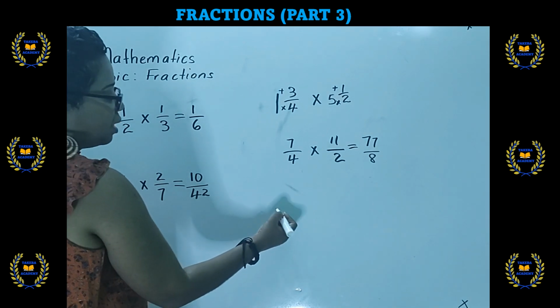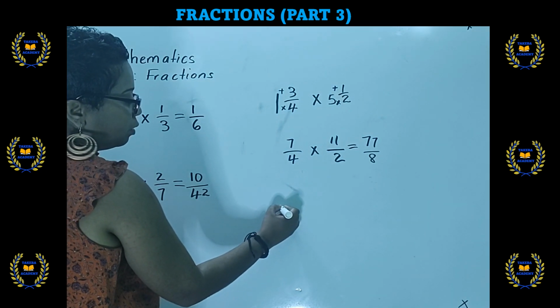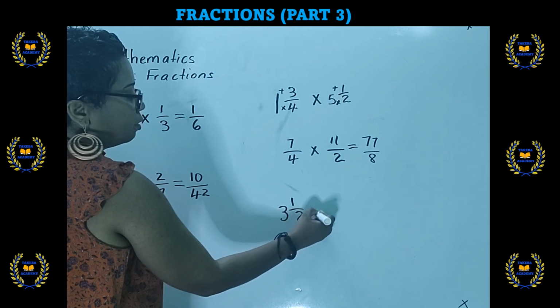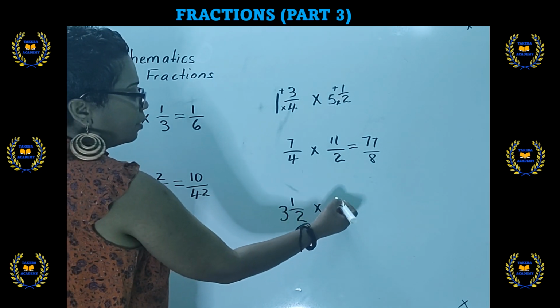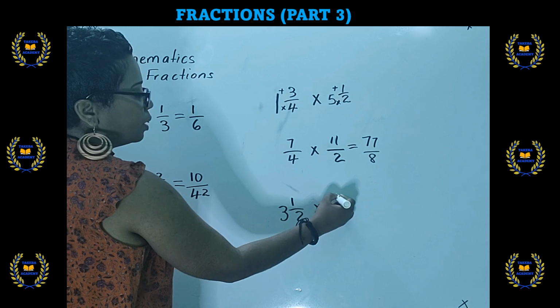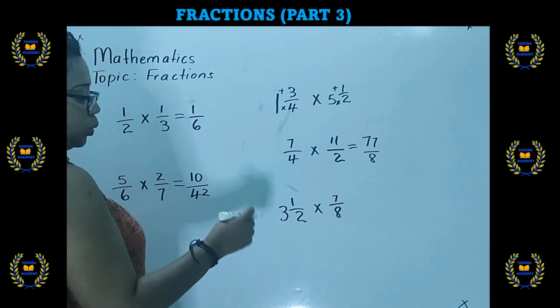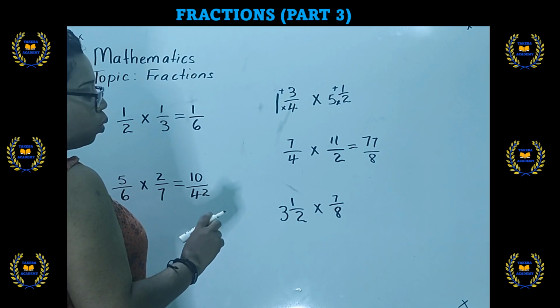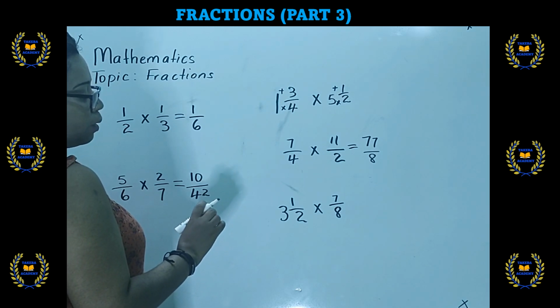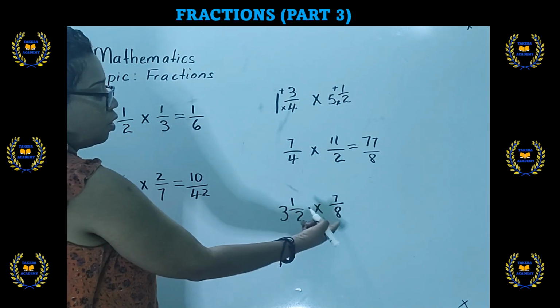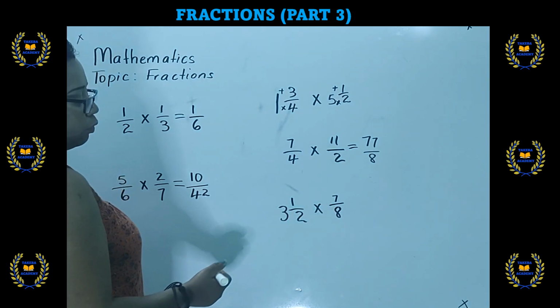Alright, so here's another example with a mixed fraction. 3.5, and let's use an improper fraction this time. 7/8. Okay? So in this case, we will only need to change one of our fractions. Okay? So we're going to change the mixed number because the other one is already in the correct format.